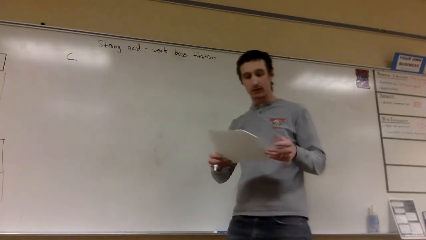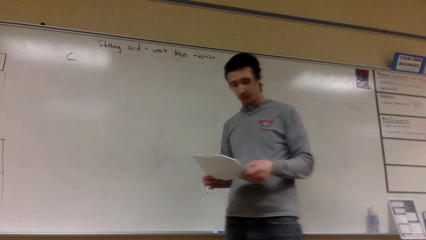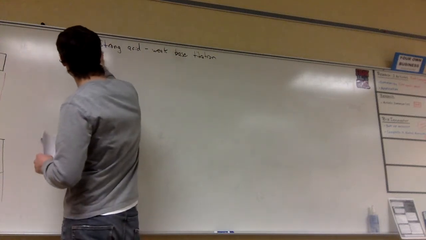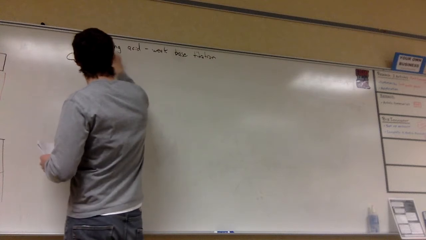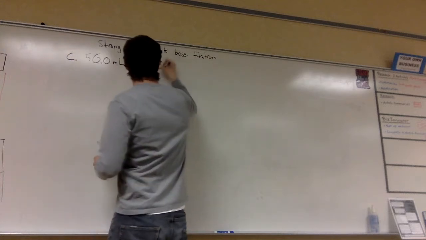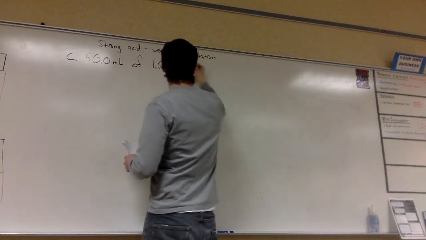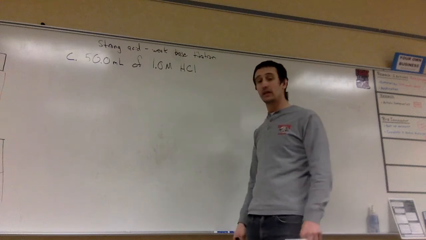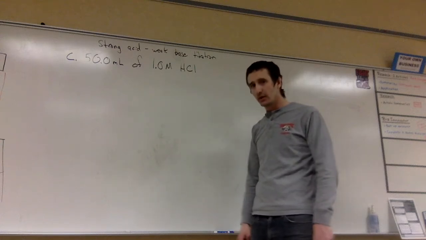All right, now we're going to take a look at part C. Part C is in our titration after we've added 50 milliliters of 1 molar HCl. I would like to point out that this is the equivalence point. How do I know that?